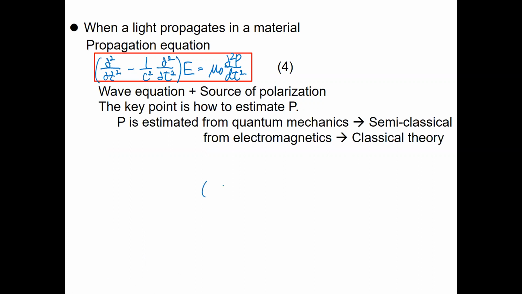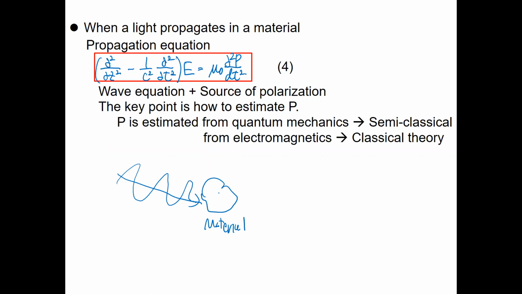So what we are thinking about is, if we have a material, the light oscillates, so the E field oscillates, and propagates in the z direction.